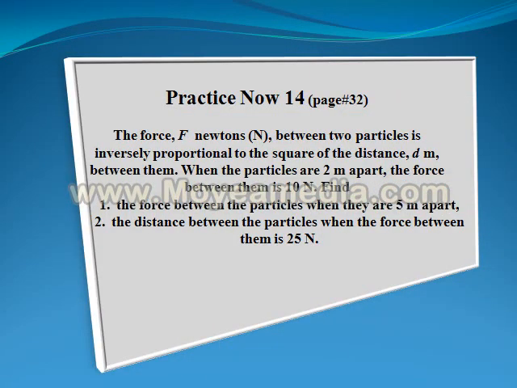And here now I'm taking practice 14, page 32 of your book 2. This is a kind of word problem, and as usual, as we have seen in direct proportion, there are physical phenomena, physical laws in which the relationships are either directly proportional or inversely proportional, sometimes square, cube or cube roots, everything is involved in those relationships.